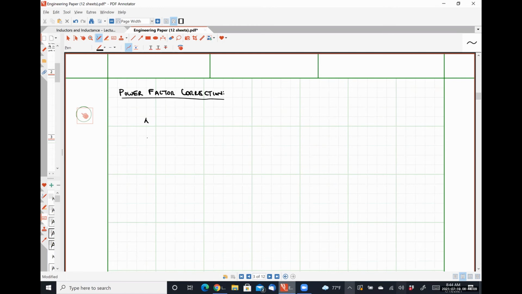So let's say that we have a load whose power triangle looks like this.